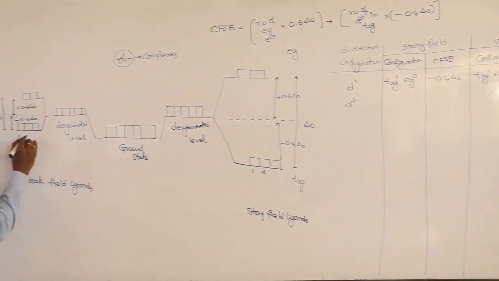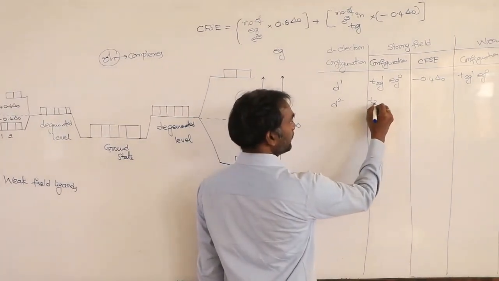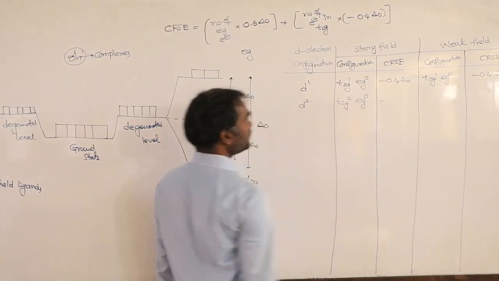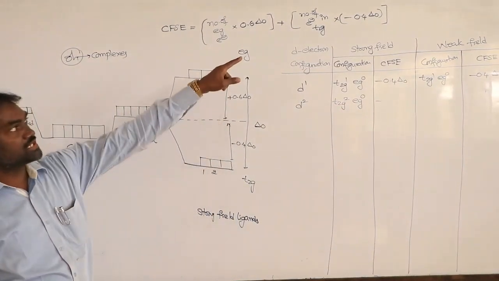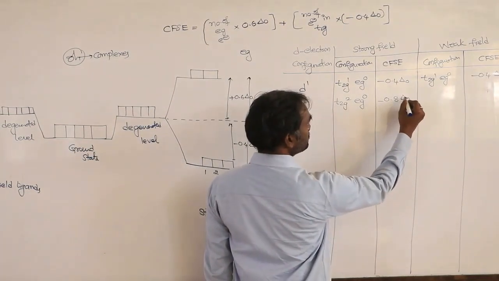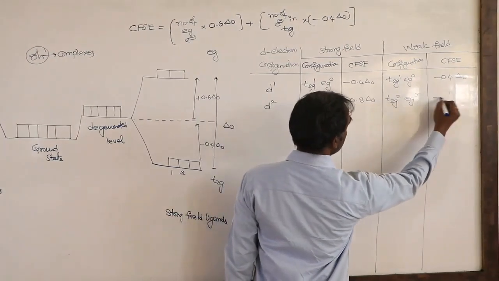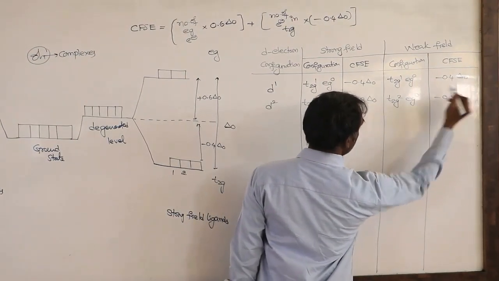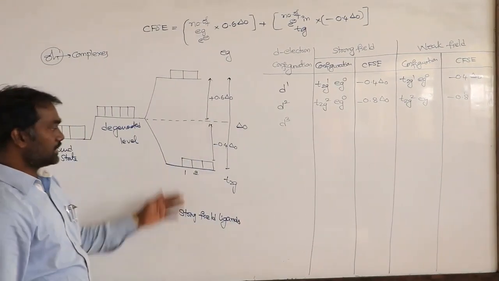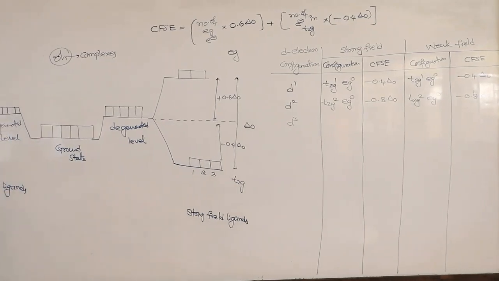So you can write T2G2 EG0. So the value is 2 into minus 0.4, so minus 0.8 delta 0. Here also T2G2 EG0, minus 0.8 delta 0. Next, D3. The third electron is here only, and here also the third electron is the same.